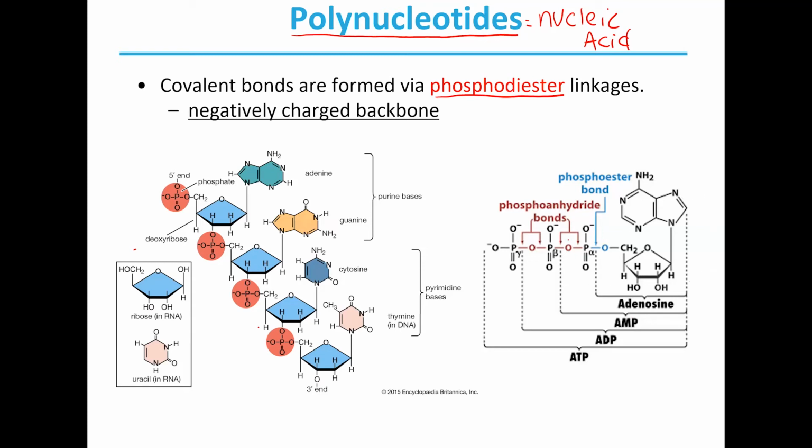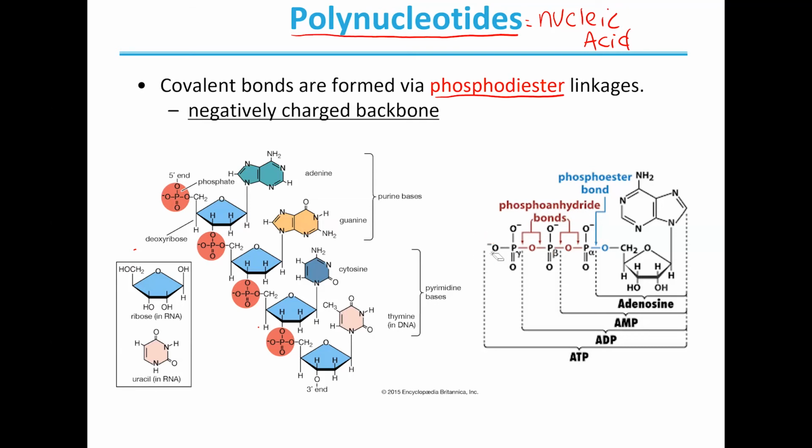If we just stop our phosphate here, that would be an AMP, an adenosine monophosphate. If we added another phosphate group, stopping it here, we would have ADP, adenosine diphosphate. And of course, if we have 3 total phosphate groups, stopping here, this would be ATP, adenosine triphosphate.